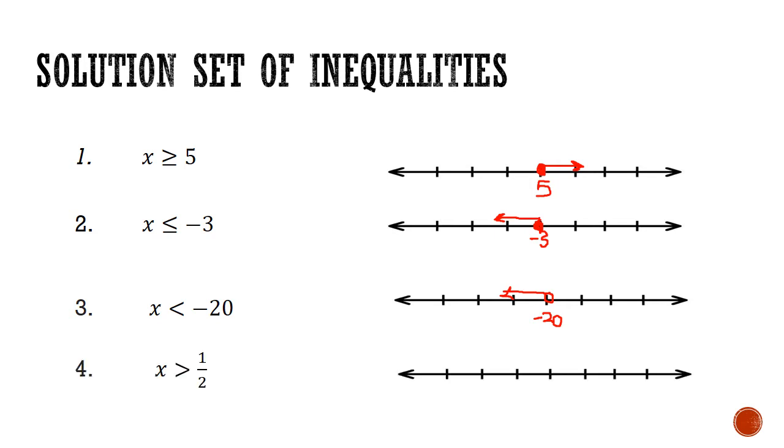Next example is x greater than 1/2. I'm going to put 1/2 in the middle. 1/2 is not in the solution set. That's why I need to represent that number by an open circle. I'm including every single number greater than 1/2, which means I'm going to have an arrow to the right.